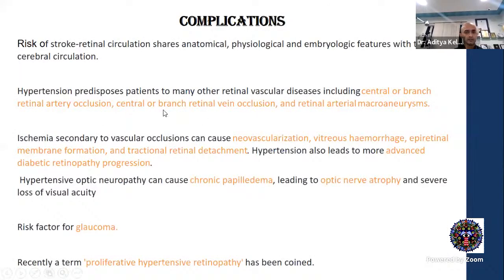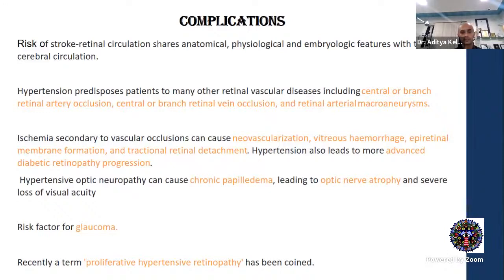So once again, to conclude, the retinal circulation shares anatomical, physiological, and neurological features of cerebral circulation, and therefore it is important to identify these retinal signs and refer the patient on time, given the risk of stroke.